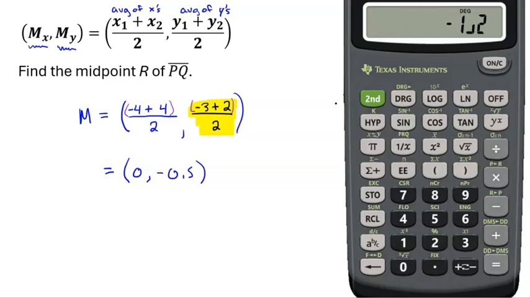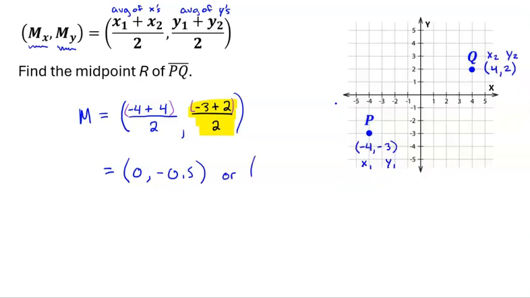So we could also see this as 0, negative 1/2. And I'm going to go ahead and graph that. So we've got 0 and then negative 1/2.